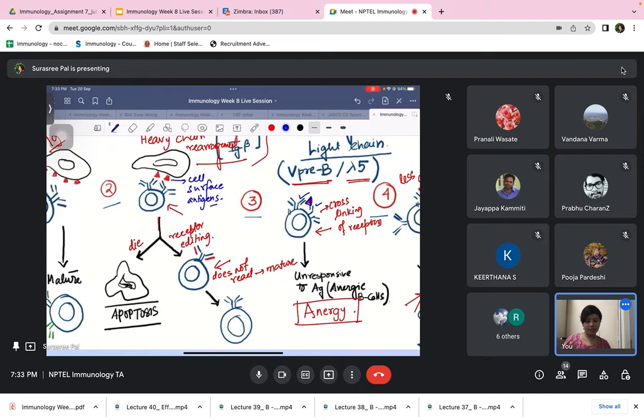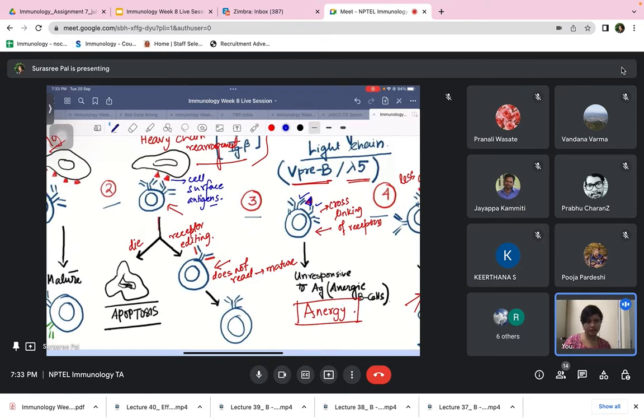And number 3 is concerned about the soluble antigen. So if there is a soluble antigen and this B cell is able to recognize the self antigen, then it will undergo anergy. That means there will not be any further maturation of this immature B cell. The maturation process will stop there, and they will later on die.